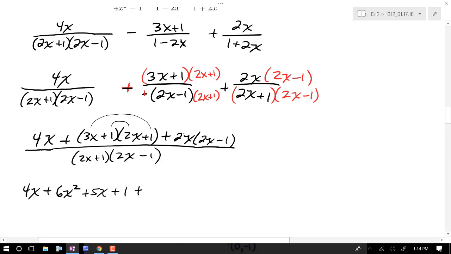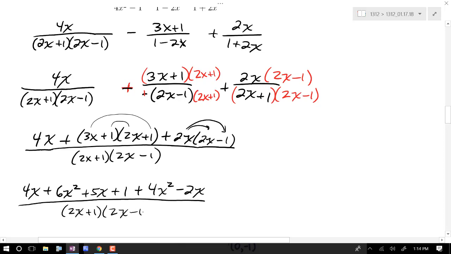And then distributing the 2x through these parentheses, we get 4x squared minus 2x over our denominator. So we have now 10x squared, 9x minus 2x plus 7x plus 1.